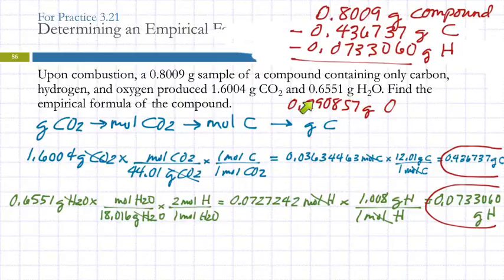So I'm going to take this mass, and remembering that my ultimate goal is the empirical formula, I need to take this mass of oxygen and convert to moles of oxygen. Yes, that is grams. Sig figs, that would be the last sig fig from that subtraction. Okay, so we're going to take the grams and convert to moles.